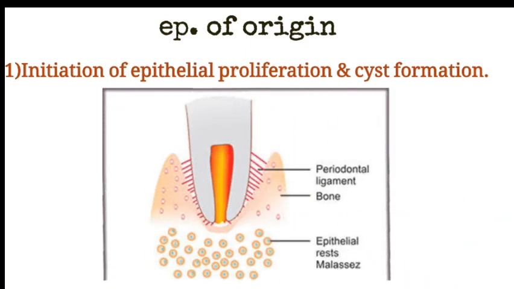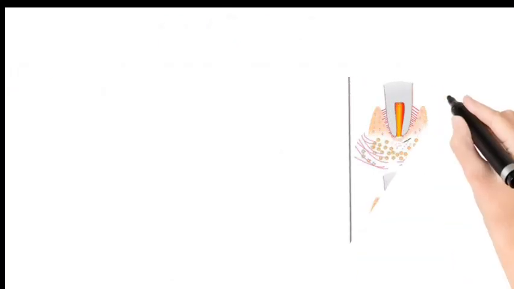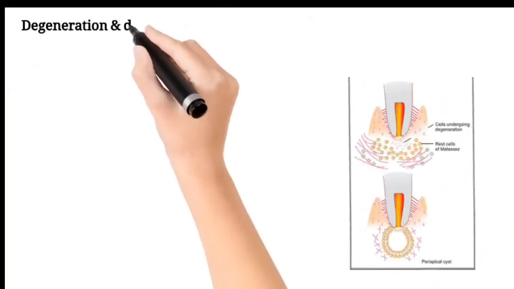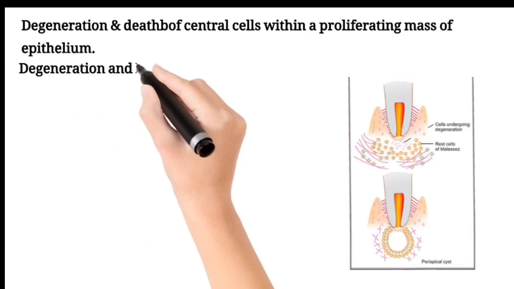Now, in this diagram, we can see that at the apex of the tooth there is epithelial proliferation. The proliferation of the rests of Malassez will further lead to the formation of the periapical cyst. Now it will further lead to the degeneration and death of the central cells within a proliferating mass of the epithelium.